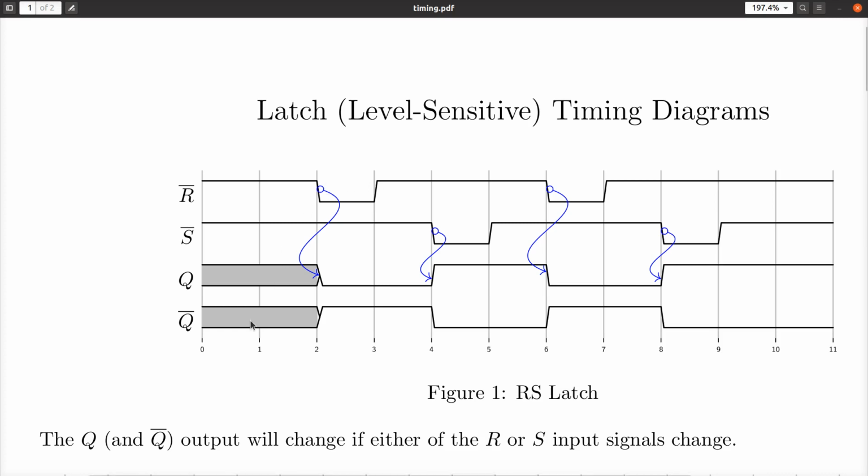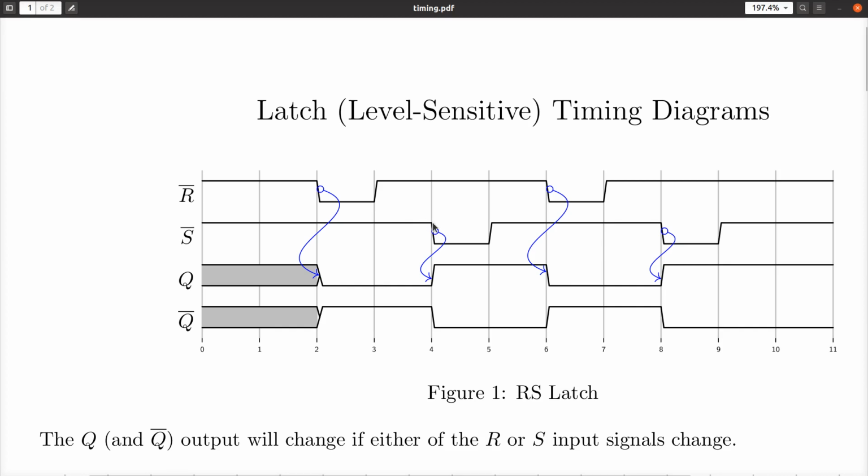we know that no matter what was over here, as we've shown, Q must become 0 in reaction to that. And when R bar goes back high again, this will stay. And it will stay until S bar changes. And when S bar becomes 0 here, Q goes from 0 to high. We say there's a leading edge here.